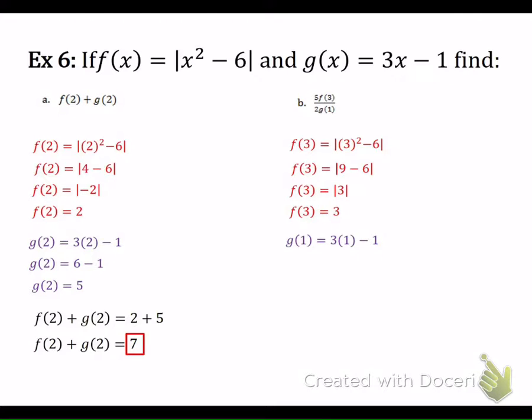Now let's do the g. So g of 1. So now I'm plugging 1 into the g function. So g of 1 equals 3 times 1 minus 1. What is 3 times 1? 3. And 3 minus 1 is 2.